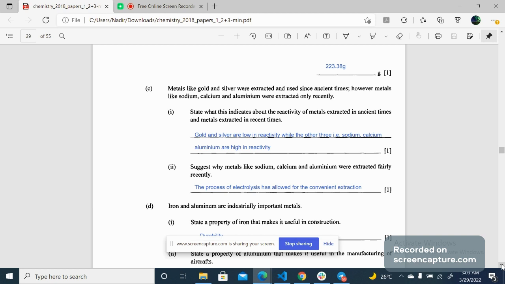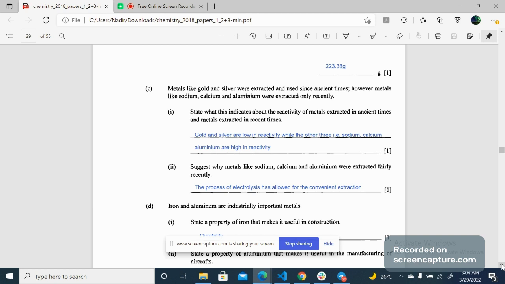Gold and silver, which were also extracted in ancient times, are low in reactivity. But sodium, calcium, and aluminum are high in reactivity, and this reactivity also plays a very important role in the process of extraction.